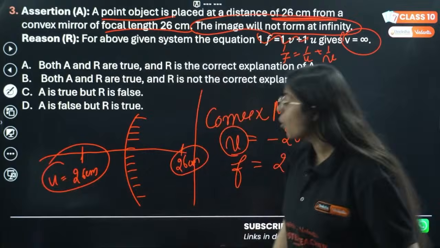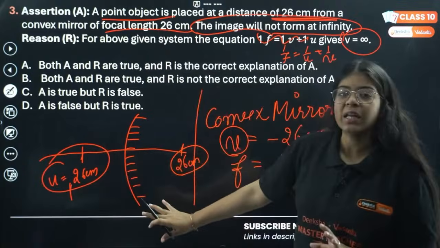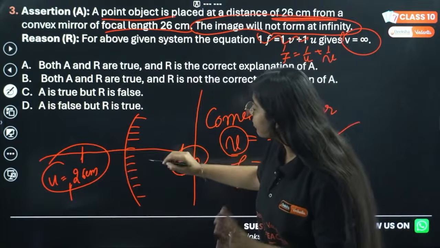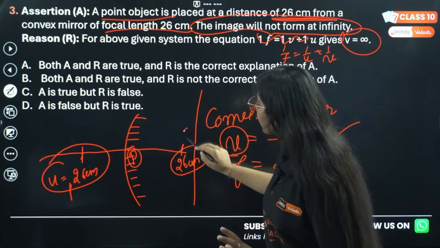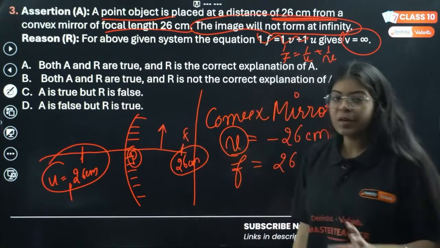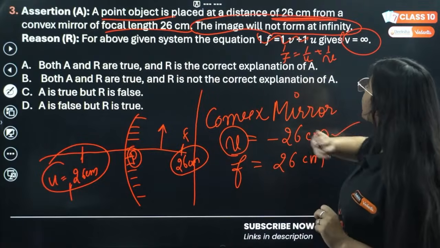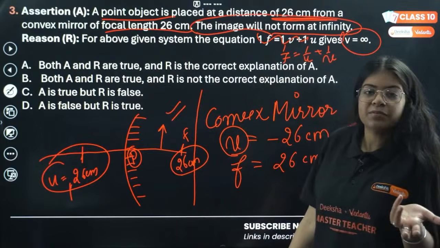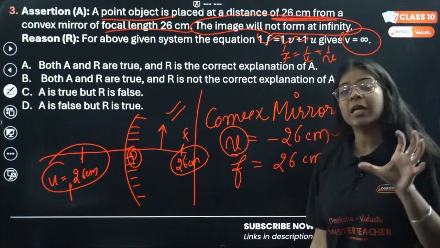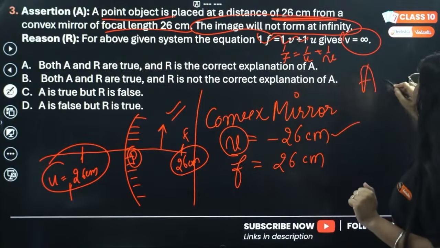So we know that when the object is placed anywhere between infinity and pole, my image will be formed between pole and focal length. So somewhere here will be my object's image. It is saying that the image will not form at infinity. That is correct. My image is forming between pole and focal length. So A is correct.